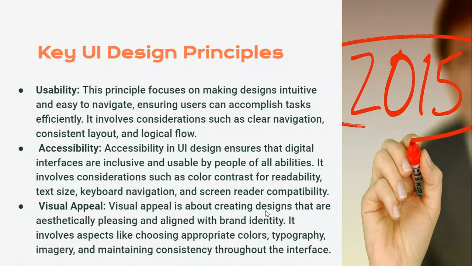Your UI design should be appealing and look great, pleasing and aligned well with the brand identity. This involves aspects like choosing appropriate colors, typography, images, and maintaining consistency throughout the interface.